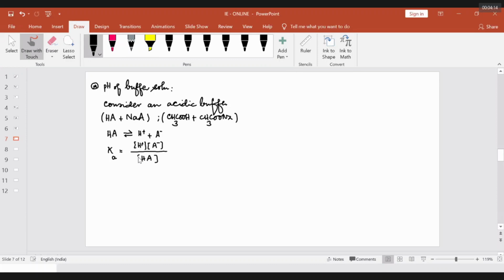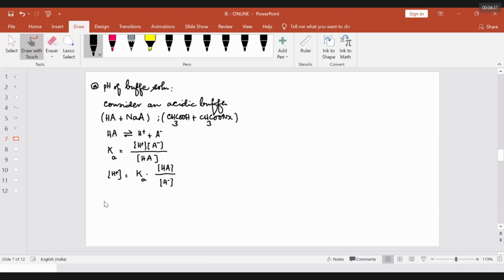Now we want pH. Therefore, we proceed like this. Concentration of H plus ion is equal to Ka into concentration of unionized acid molecule divided by concentration of A minus. No, sir, I want pH. What is pH?